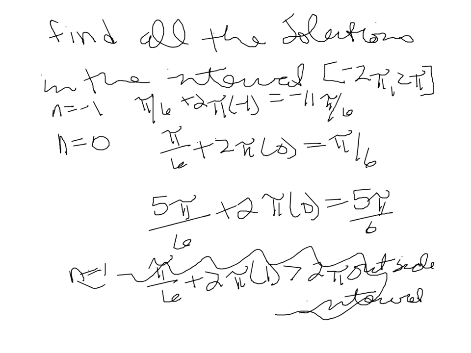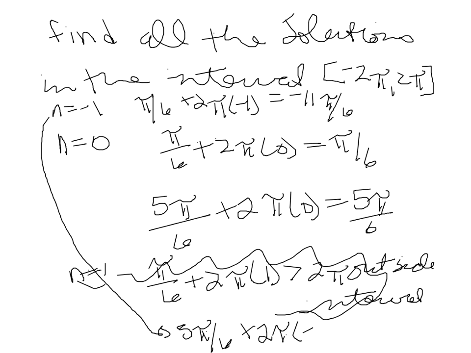And then I repeat for 5 pi over 6 plus 2 pi times minus 1, and I get minus 7 pi over 6.